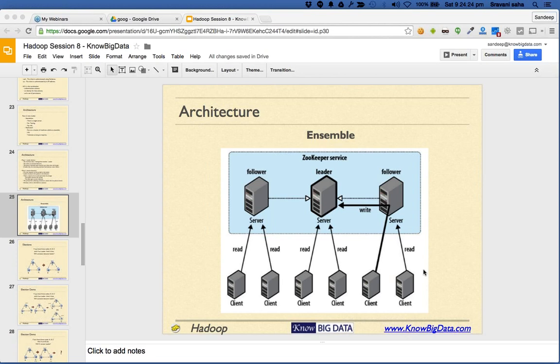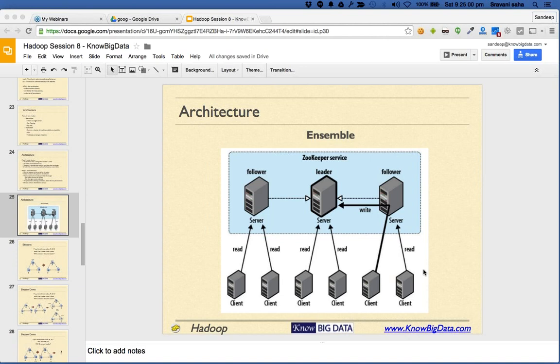If you had 10 nodes when you started your cluster, but right now only 5 are available, there will be no leader unless a majority, meaning 6, 7, 8, 9, or 10, is available.